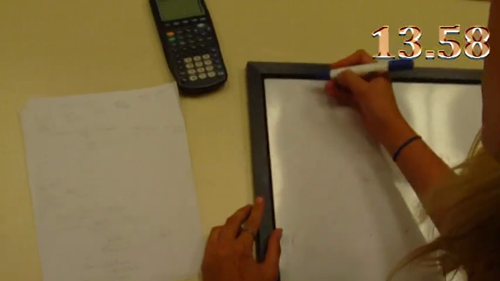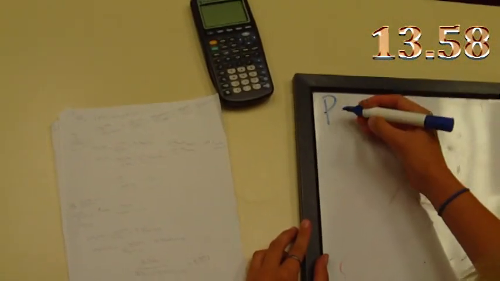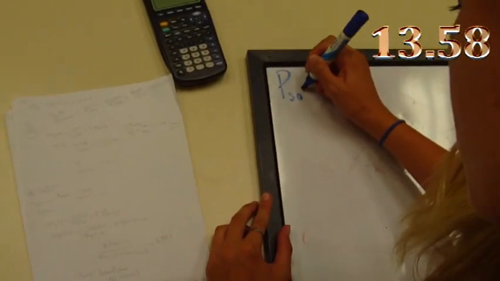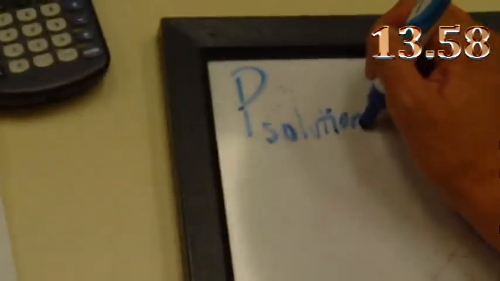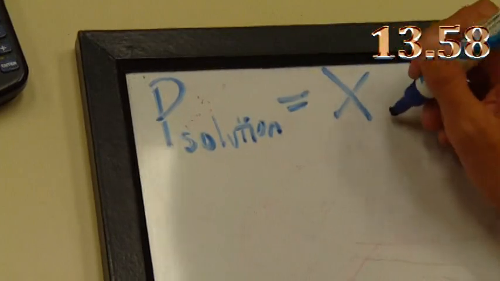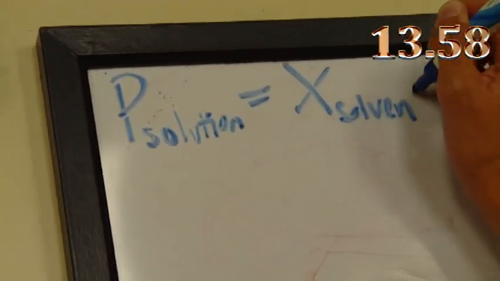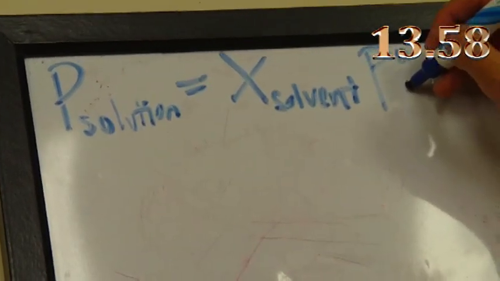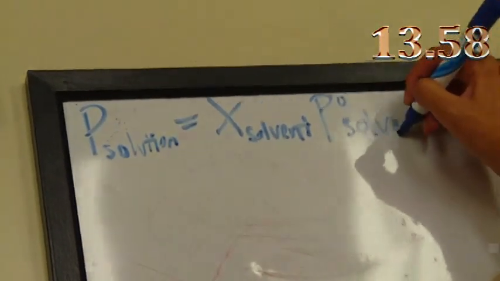So for this problem, we are going to be using, eventually, Raoult's law, which is our pressure of the solution equals the mole fraction of the solvent times the pressure of the pure solvent.